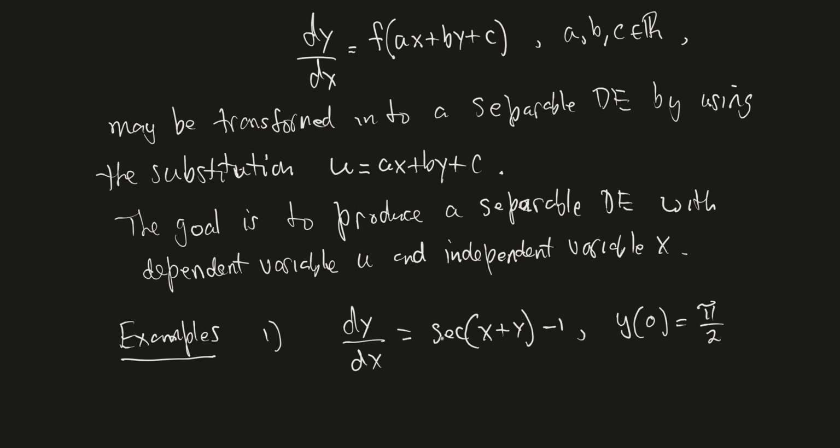We can see that it's not separable because in here I have a sum of x plus y inside my secant function, and there's no way for me to factor this. Not only that, but we have this extra minus 1 here, so there's no way for me to factor this into a product that involves only x and another factor that involves only y.